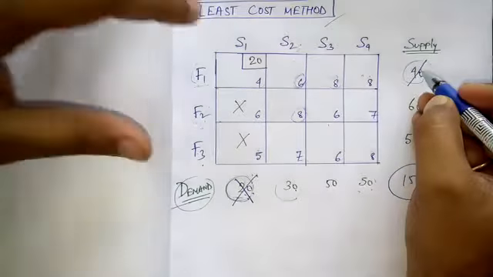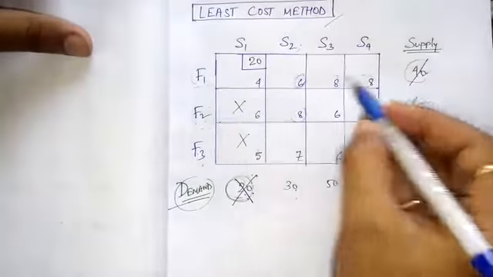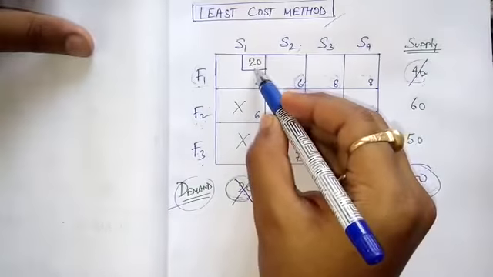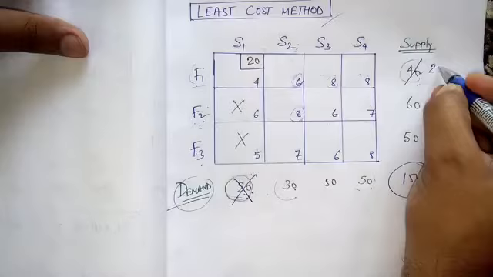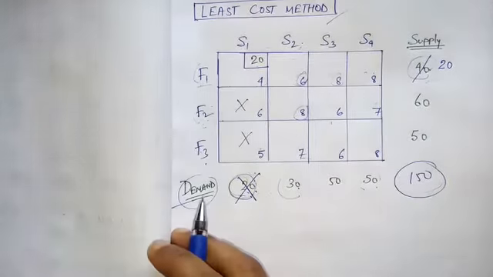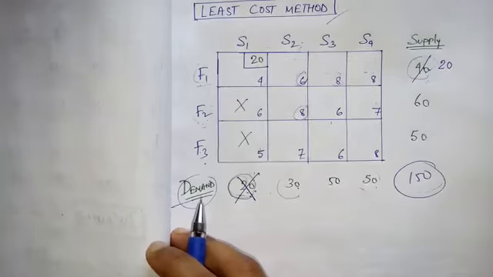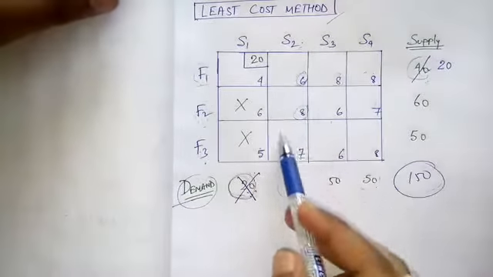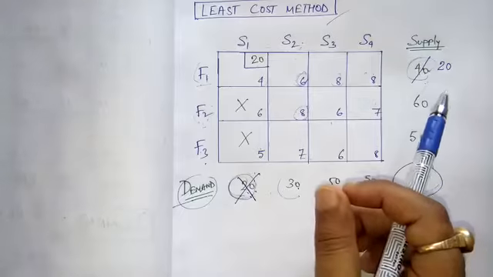Initially, how many goods could factory 1 supply? 40. But now it has given 20. So how many goods are left? 20.